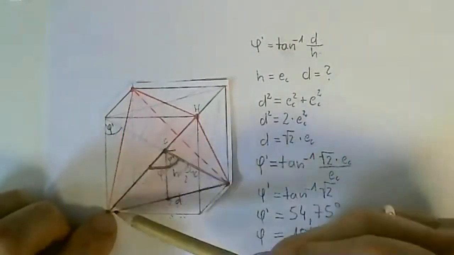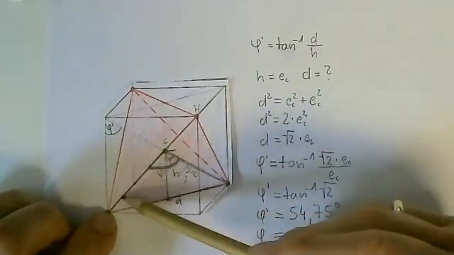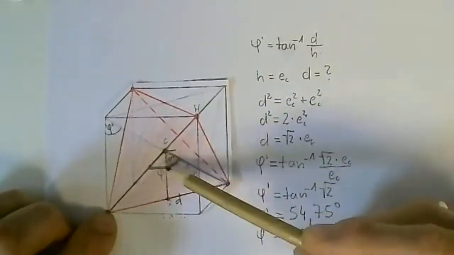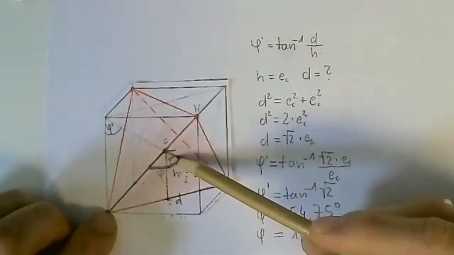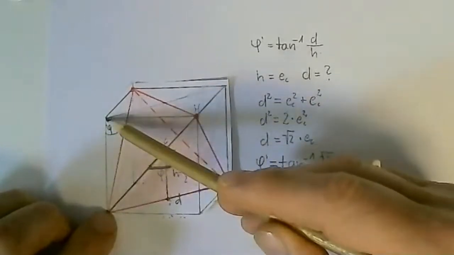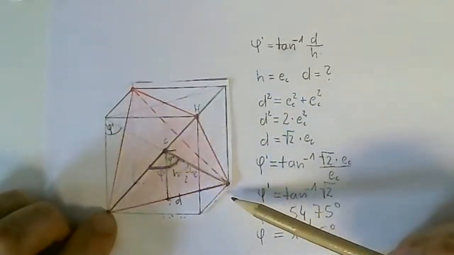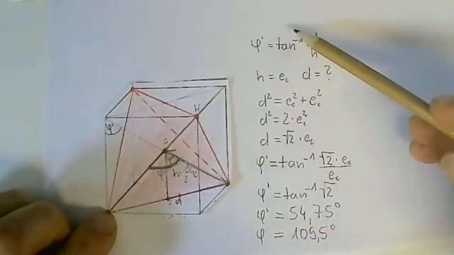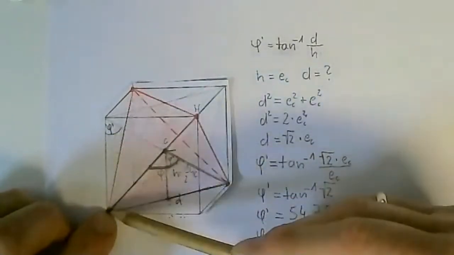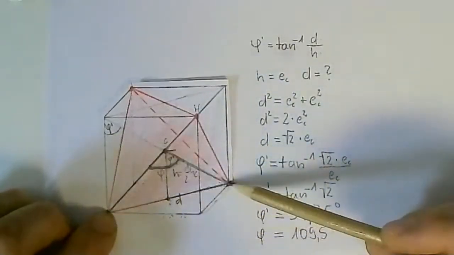Now let's take a look at the angle between the 2 bond arms. Half of the required angle phi, let's call it phi stroke, can be calculated with a tangent function, using the right angle triangle formed by the height and the diagonal of the face.